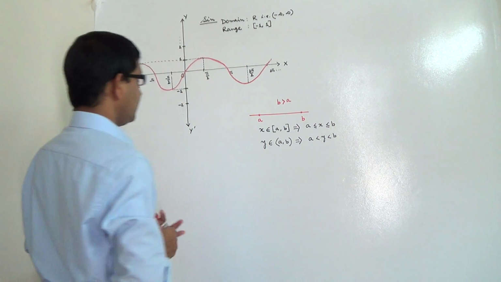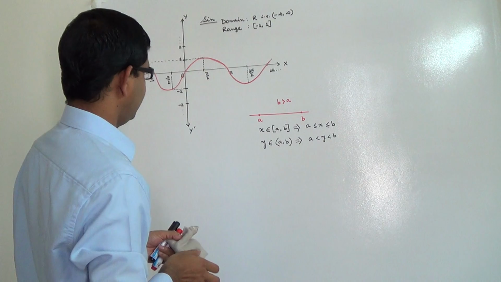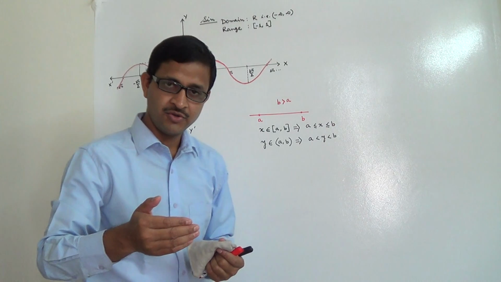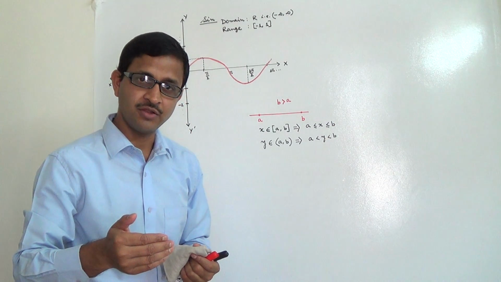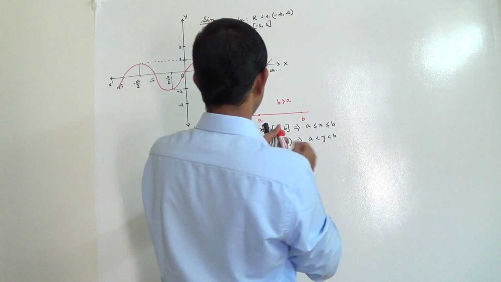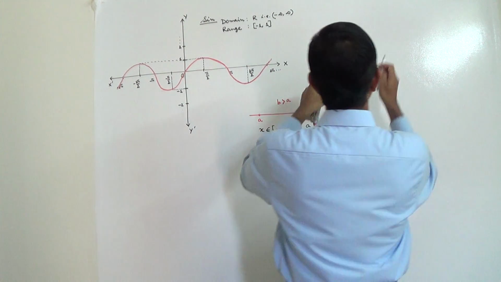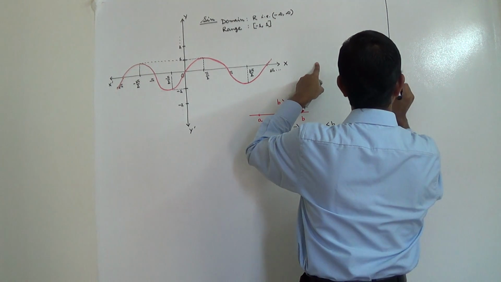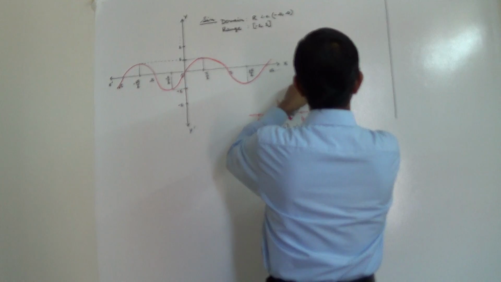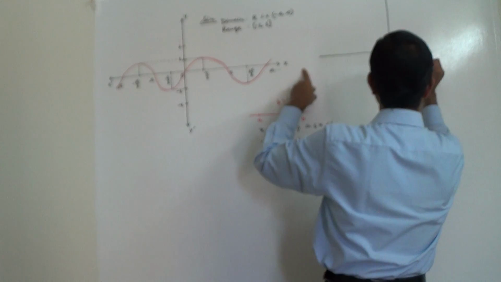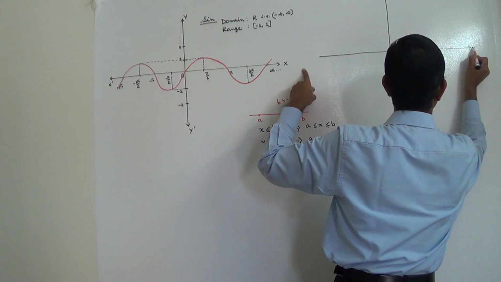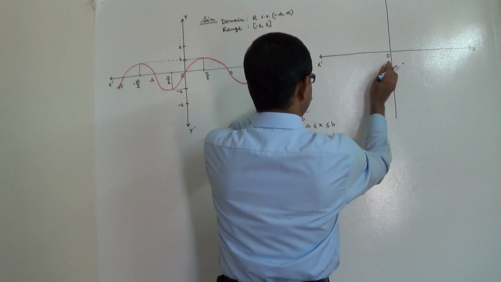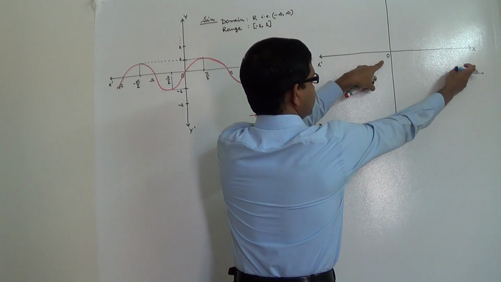Correct? Now let's see what the graphical representation of cosec x is, which is the reciprocal of sin x. So this is the positive direction of the x-axis, this is the negative direction of the x-axis.